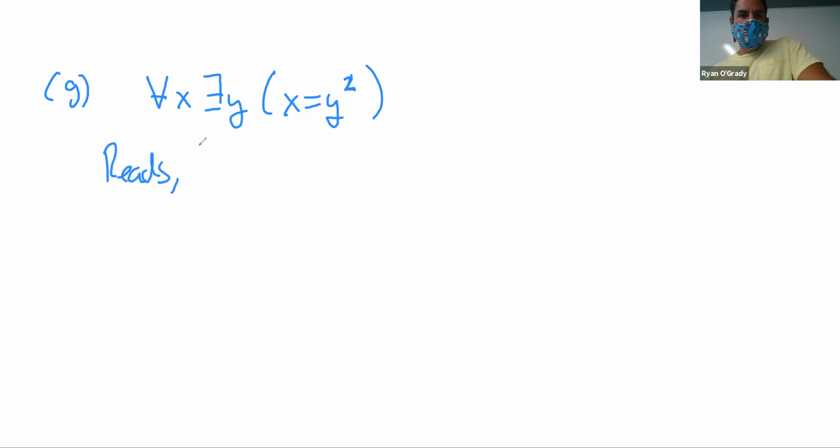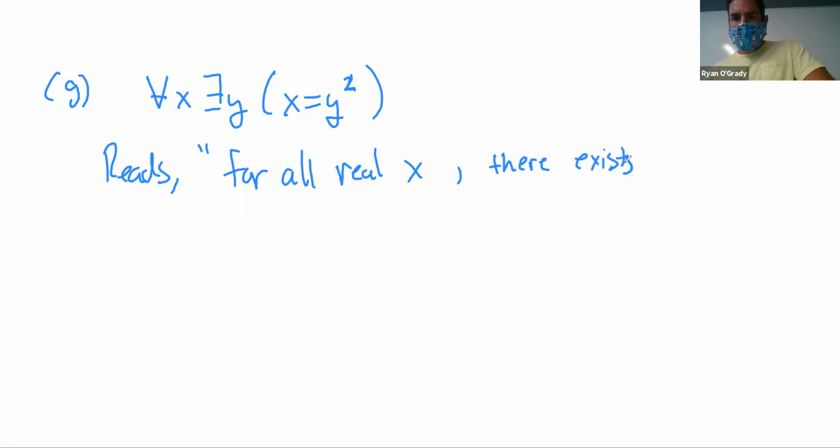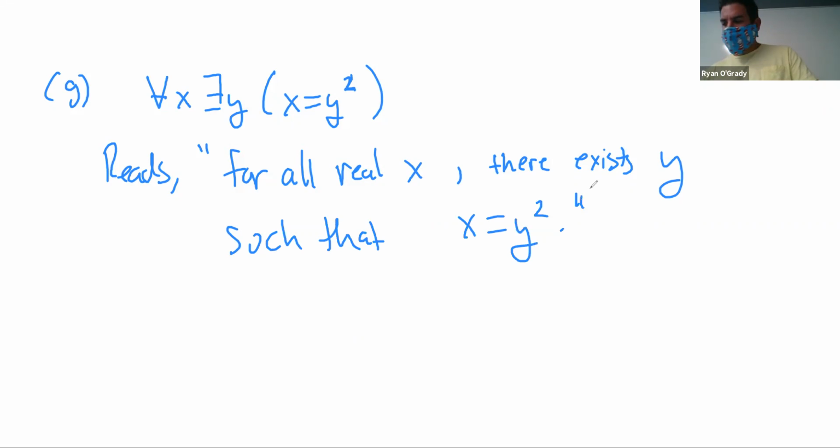Well, this reads for every X, or for all real X, there exists Y such that X equals Y squared. So once again, we want to ask ourselves, if I read this sentence out loud and say it to you, am I telling you a truth or am I telling you a lie?